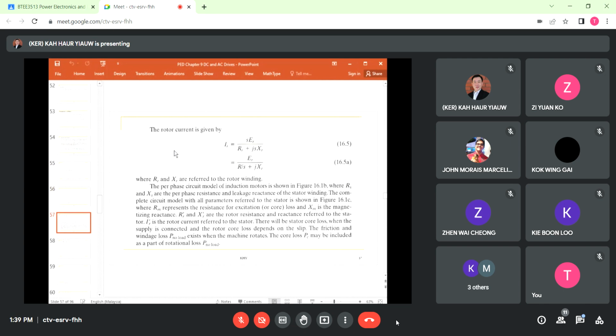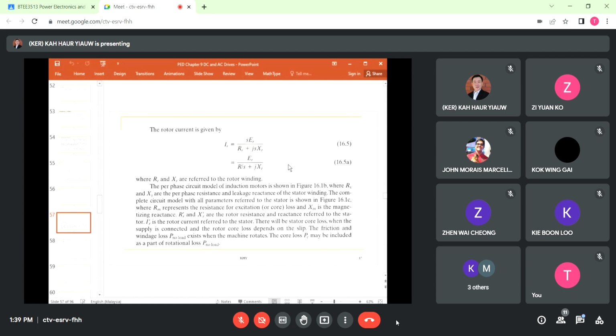Rotor current is given in equations 5 and 5a, where Rr and Xr are referred to the rotor winding. The per phase circuit model of the induction motor is shown in figure 16.1b just now, where Rs and Xs are the per phase resistance and leakage reactance of the stator winding.